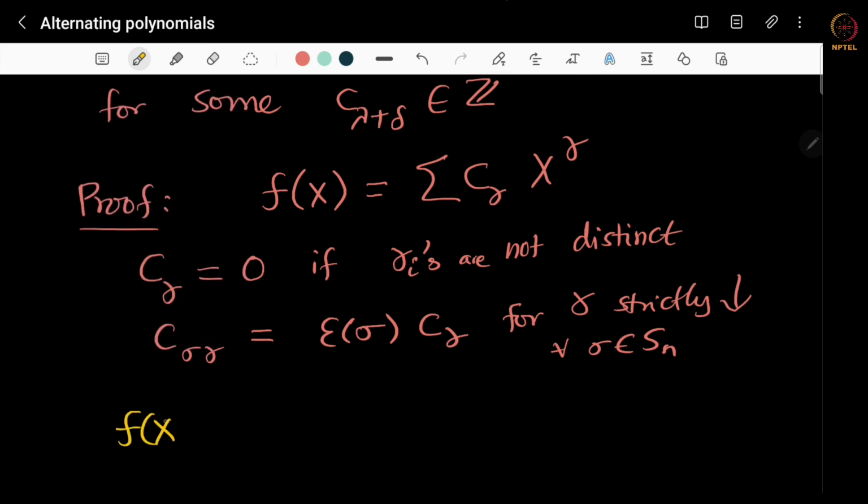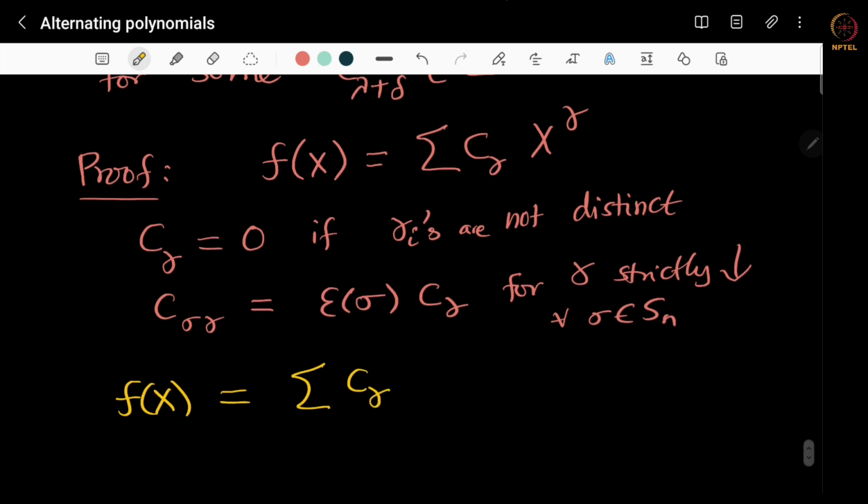And in the case when gamma is distinct, you can get c_{sigma gamma} as plus or minus c_gamma, for gamma strictly decreasing and for any permutation sigma. So these were the main properties.